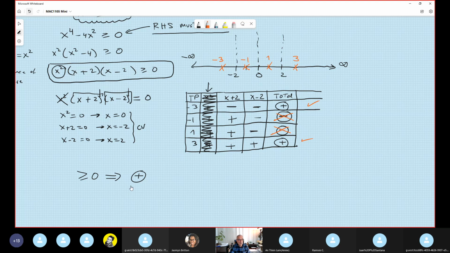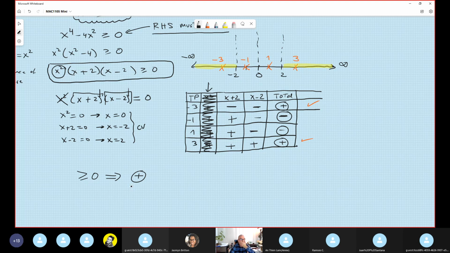What is important for me is the points that pass, not the points that fail. So I put the check mark in the positive in this case. This corresponds to negative 3, this interval, and positive 3 is this interval, and the rest no.